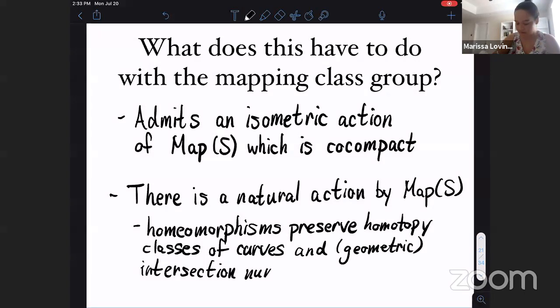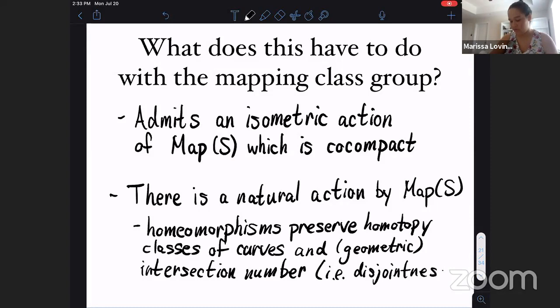So I said that out loud, but just to have it written down. In particular, this is important because we want disjointness. Okay, cool.